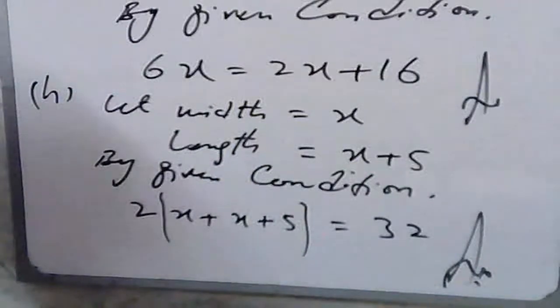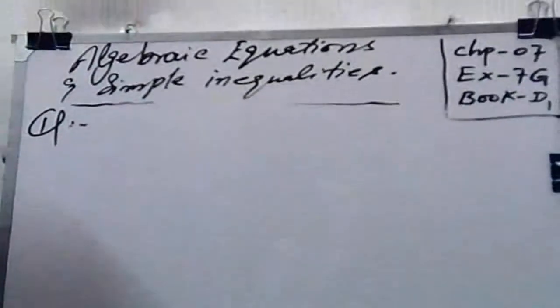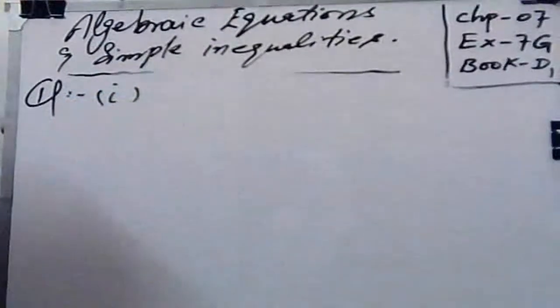Now coming to the I part. In the I part, you can read the statement: the length of a rectangle is twice its width and the perimeter is 54. Once again, the perimeter is 54.